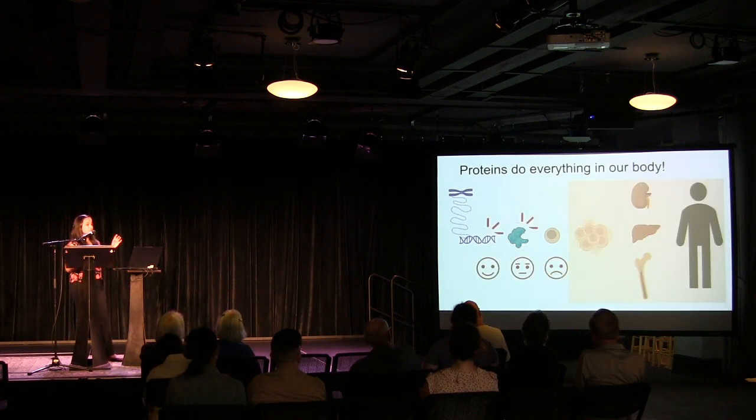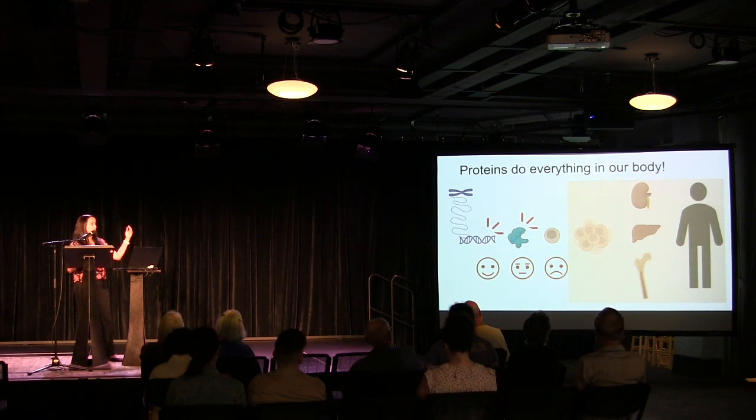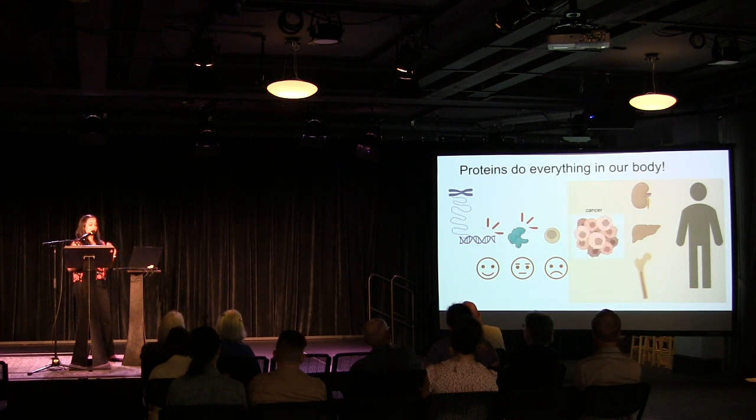So when you have a mutation in your DNA, you have the mutation carried forward in the protein, which then ends up affecting or changing its functions across the different organs in our body. And like I said before, this mutation could be mildly beneficial, it could be neutral, and sometimes it does cause harm and lead to diseases such as cancer.